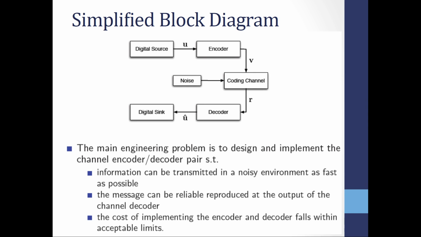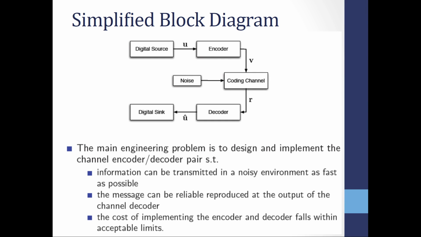And in the future, we are mostly going to be using Internet of Things devices, which are limited in memory, size, power, and processing capabilities. So we want to reduce the complexity of the encoder and decoder as much as we can so that we don't increase the overall cost of the system.